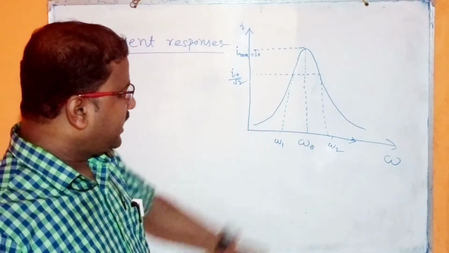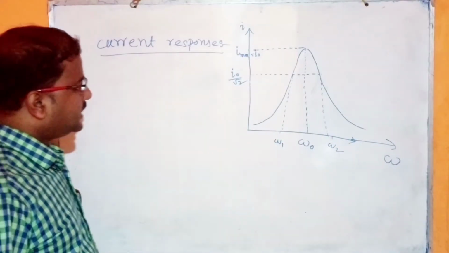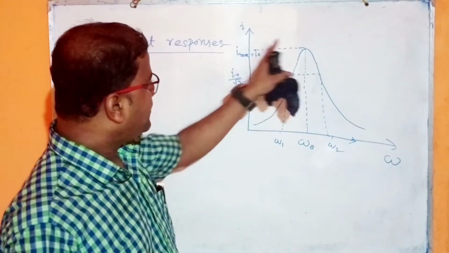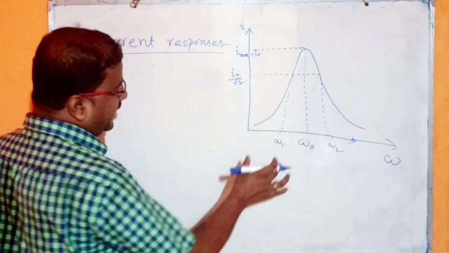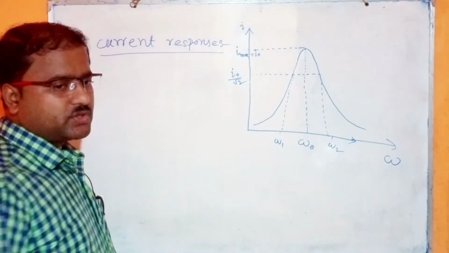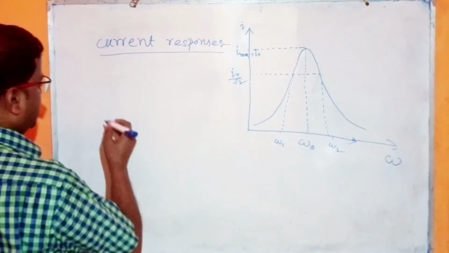Omega 1 and omega 2 are two frequencies where the current is 1 by root 2 times the maximum current, and the difference of these two frequencies is called bandwidth.